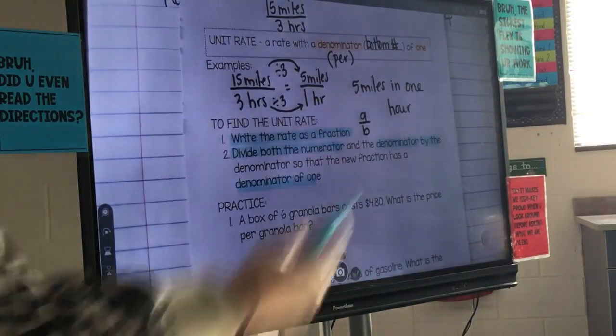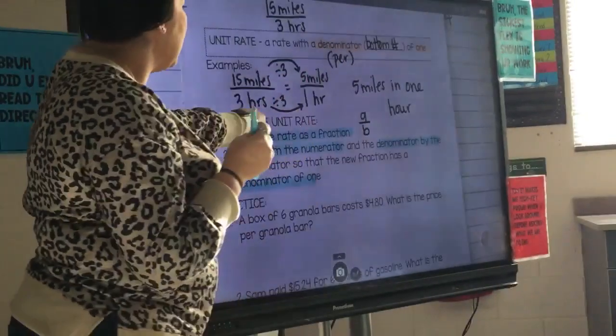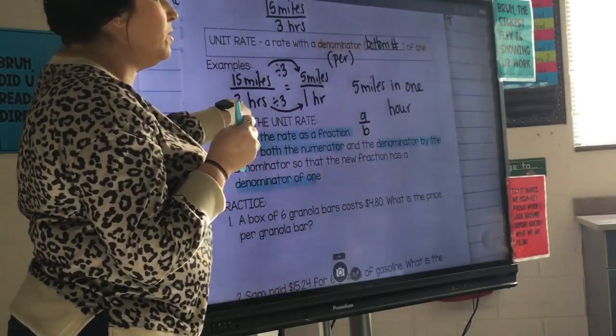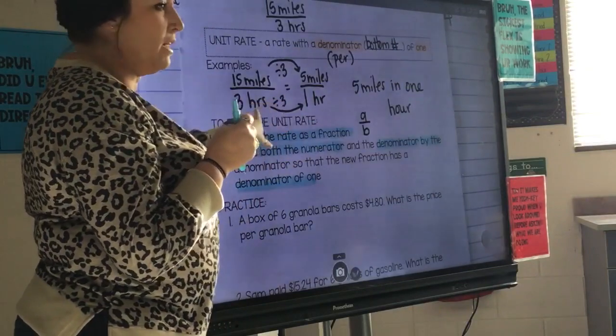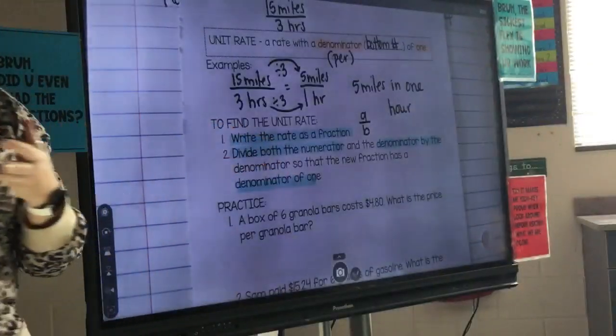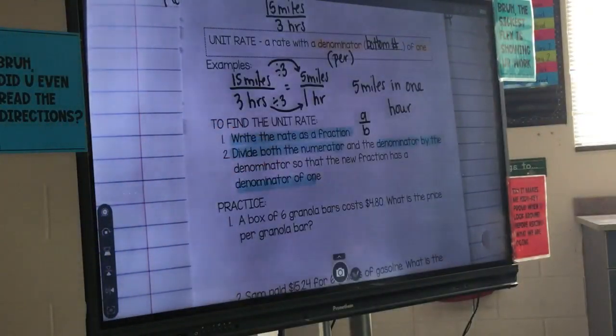Okay? And essentially that's what we're doing. So if you look at any of the questions from yesterday, and you even look at this one, we're just taking this number and dividing this number by itself to get 1. Right? And then we have to divide whatever that number is to the top.